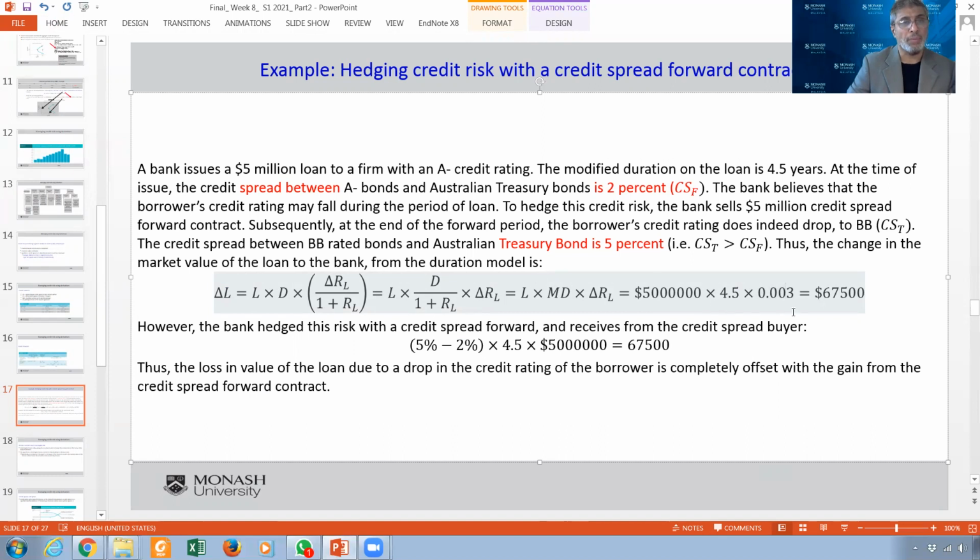This is the change between the 2% and 5%, so it should be 3%, if I'm not mistaken.